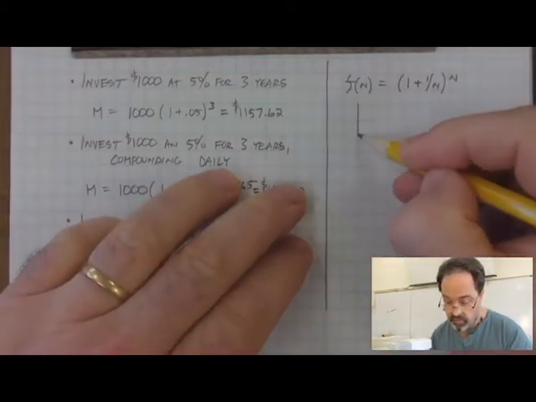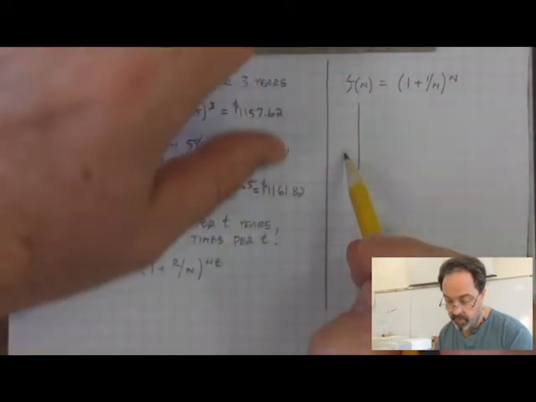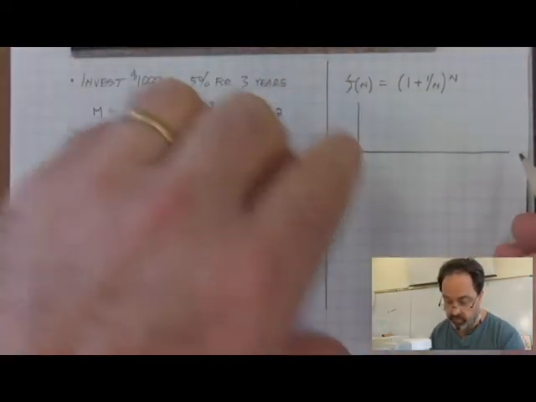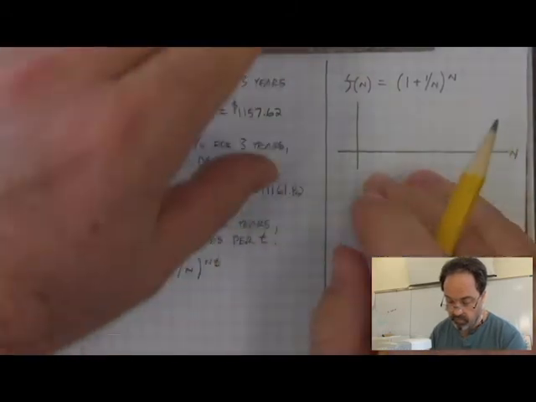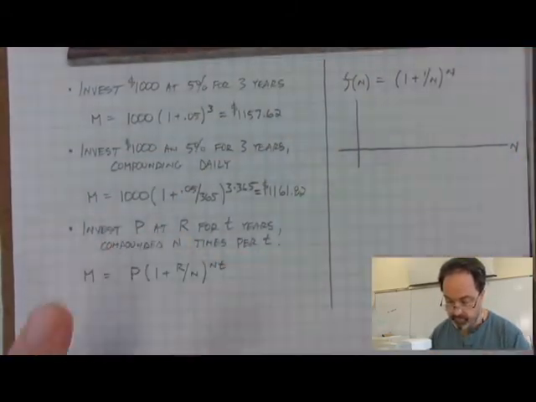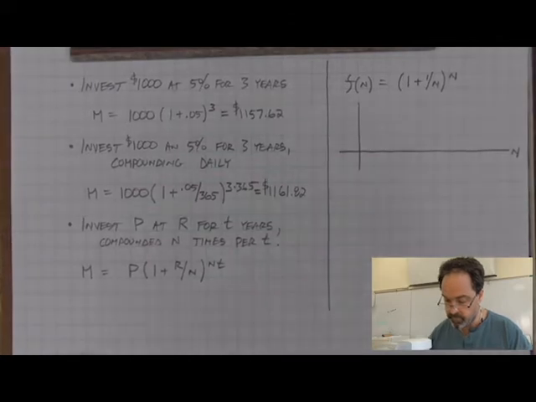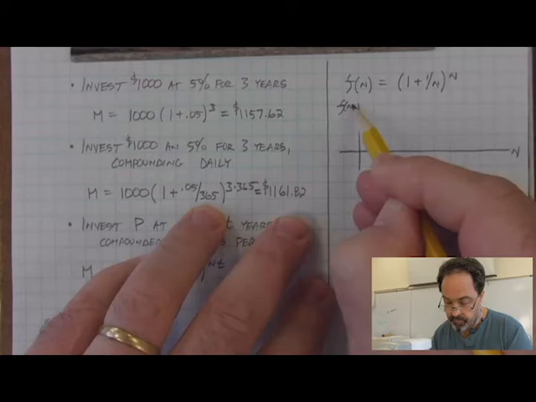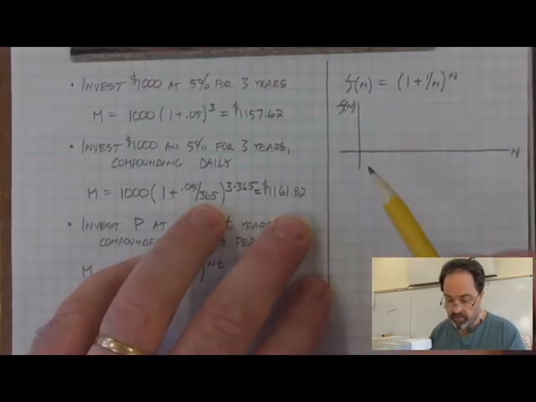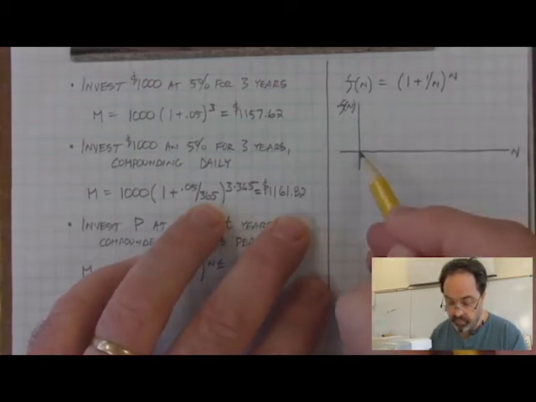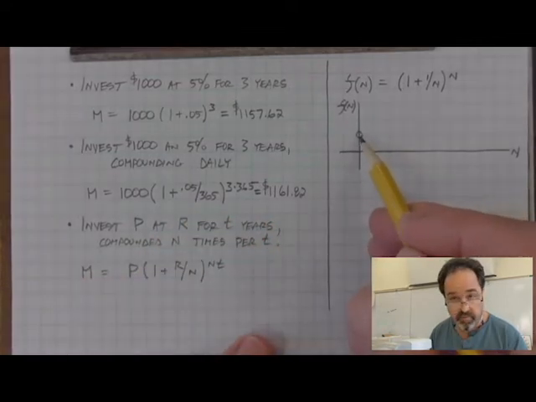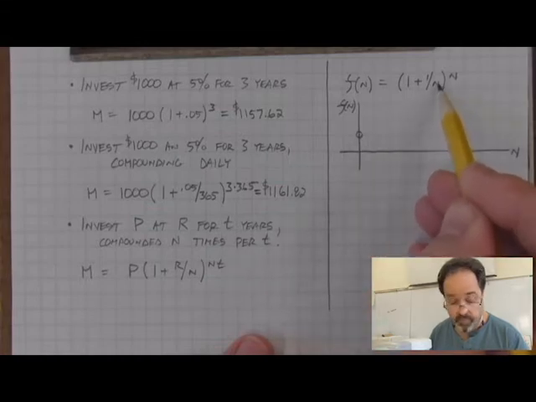We could see that in a graphing form by graphing this function that I just defined, where n is the horizontal axis, and the vertical axis is the value of the function. We can see at an n value of 0, we're going to need an open dot to represent a value that doesn't exist at the function at 0 because we can't divide by 0.